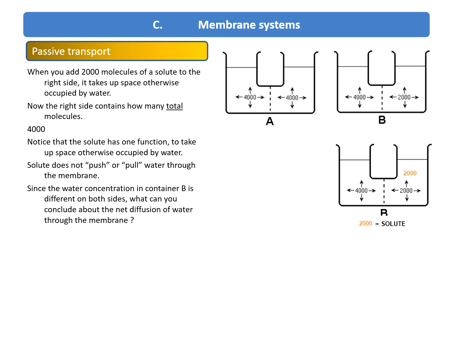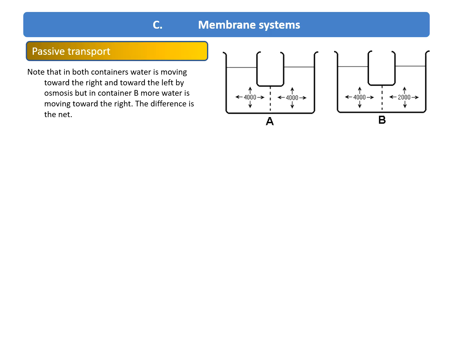Since the water concentration in container B is different on both sides, what can you conclude about the net diffusion of water through the membrane? 500 to the right. Note that in both containers, water is moving toward the right and toward the left by osmosis, but in the container B, more water is moving toward the right.